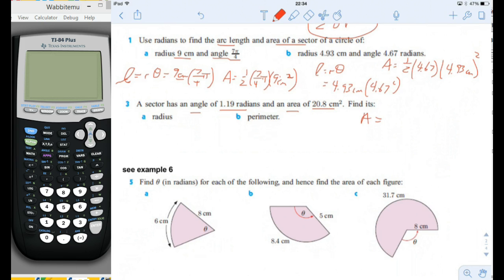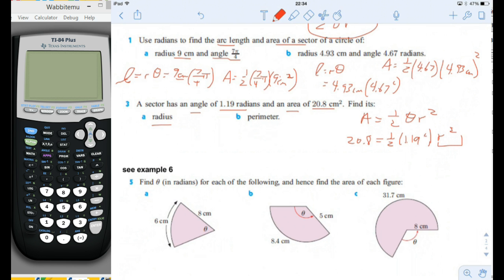So we know that area equals 1/2 theta r squared. So if we know the area is 20.8 centimeters squared, and we know that theta is 1.19 radians, then we know what r squared is, and then we could multiply that out, and we could solve for r, and that would give us the radius, right?